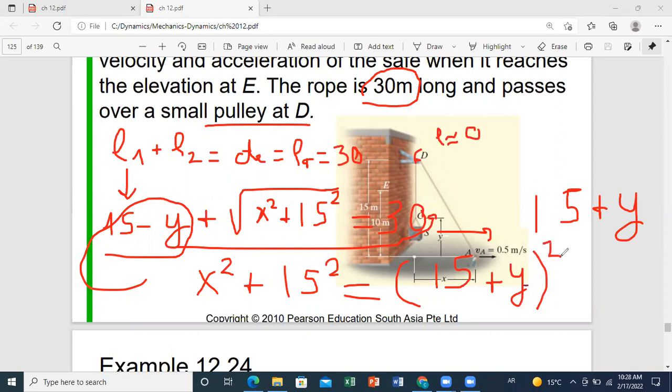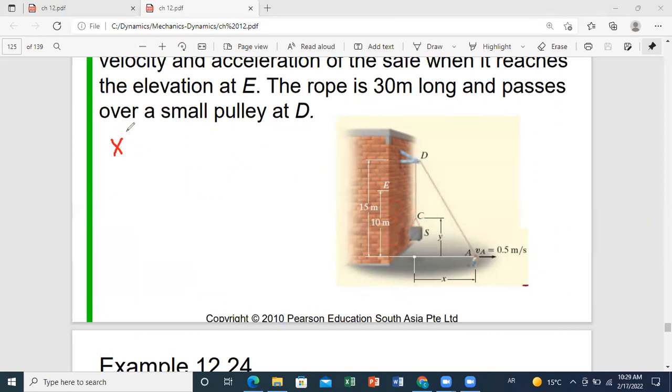So let us derive together this relation to get a relation between the velocity of A and the velocity of C, okay? So I will write it again, x squared plus 15 squared equals y plus 15 squared.